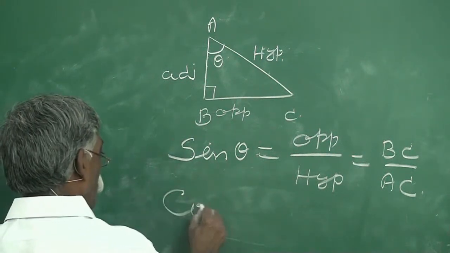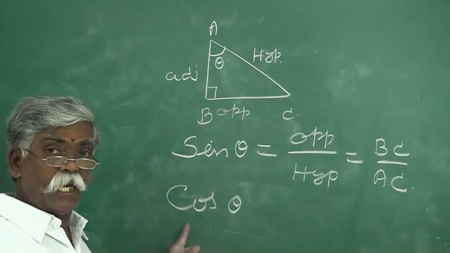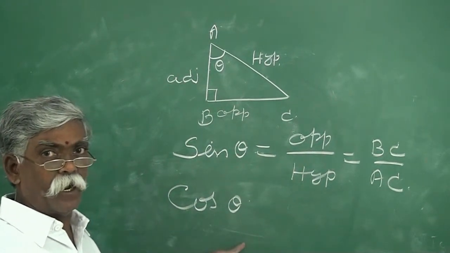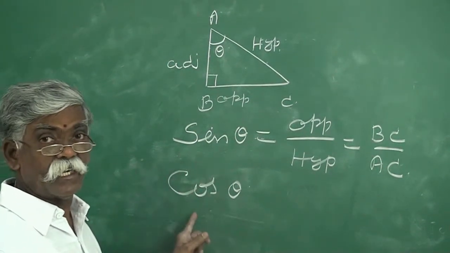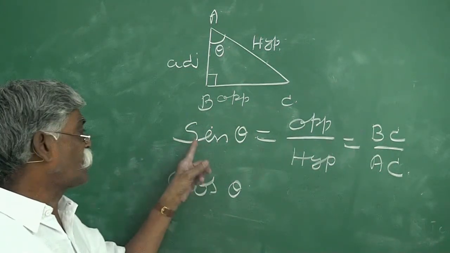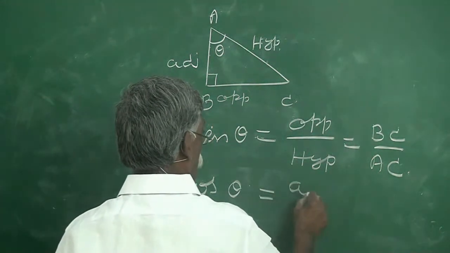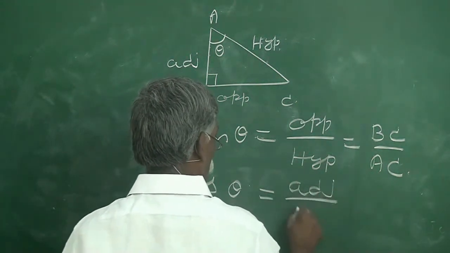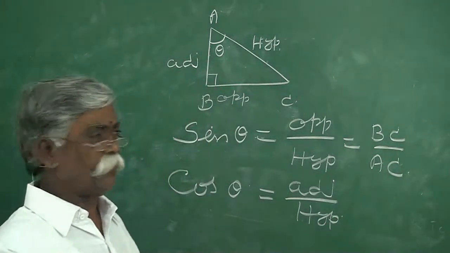The second ratio, cos theta. Cos theta is completely known as cosine theta, or it is a co-function of sine. That means it is a co-function of sine theta. Now cos theta is the ratio between the adjacent side and hypotenuse of the right angle triangle.